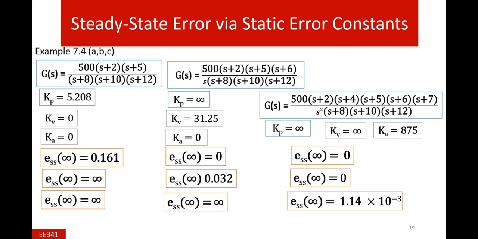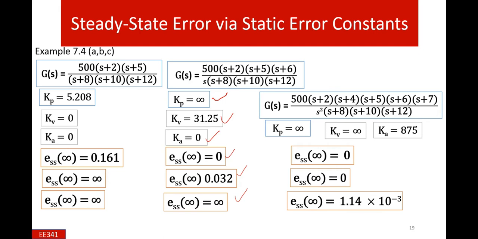Similarly, if we have a type 1 system, then Kp is infinite, Kv is a constant value, and Ka is 0, and the corresponding steady state errors are 0, constant and infinite. It means that if we want to run a type 1 system error free, then we only use the step input or impulse function.